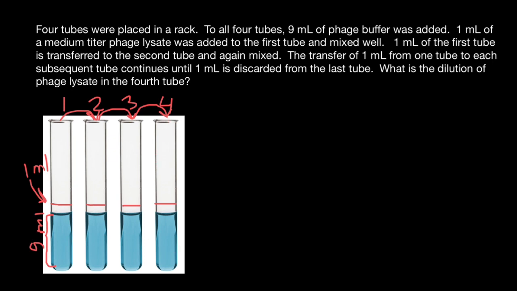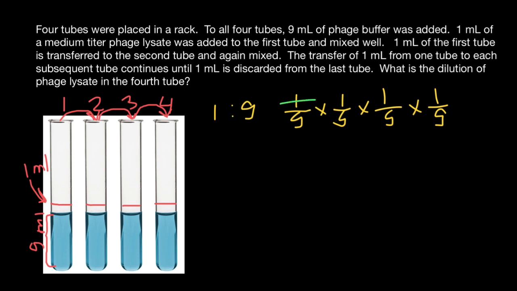So what is the dilution we are going to get here? If you think that we have a ratio of solid to solvent as 1 to 9, so we just have to multiply 1/9 4 times, and this is how we are going to get the right answer. Actually, this is not the correct way to solve this type of problem.